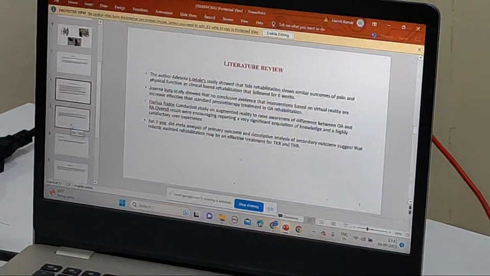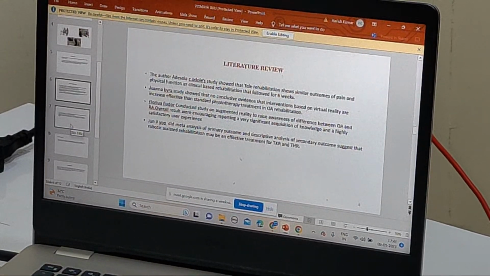Then Johanna's study showed no conclusive evidence that interventions based on virtual reality are more effective than standard physiotherapy treatment in OA rehabilitation. And the other study was conducted by Floria.